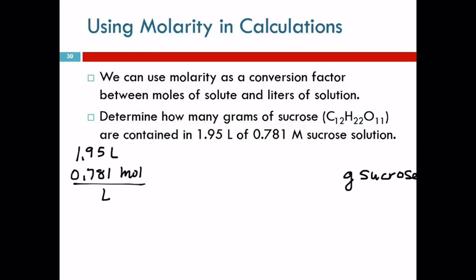These concentration problems a lot of times come down to unit conversions. I have to start with one of these, and I'm trying to get to grams of sucrose. This one looks like a conversion factor, so I don't want to start with that one. I want to start with this one. So I'm going to start with liters of solution, and I'm going to try to get to grams of sucrose.